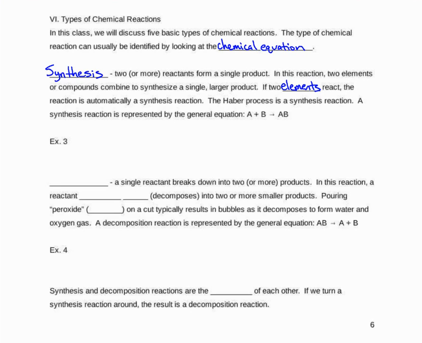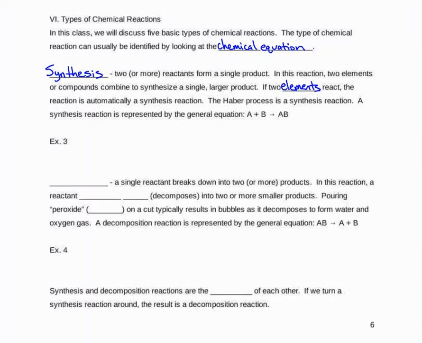As we go through these, we'll have some general equations, and these are just symbols that represent whatever they could be. For instance, in this general equation for a synthesis reaction, we have 2 reactants forming 1 larger product.